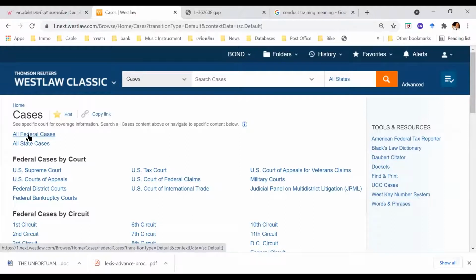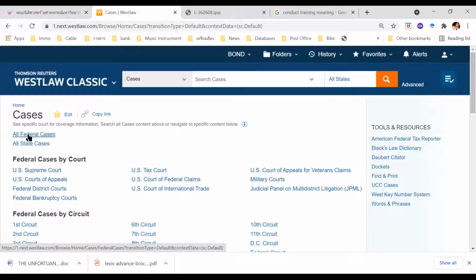And each state has its own law and its own government, so they can enact laws differently in different states. Maybe some punishment you can find in one state is different in another state. So you have to decide whether the case you are looking for is a federal case or a state case.